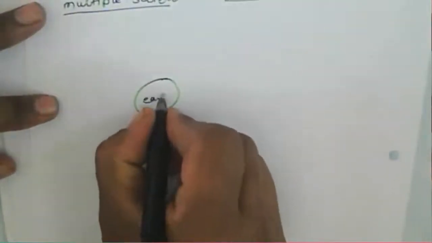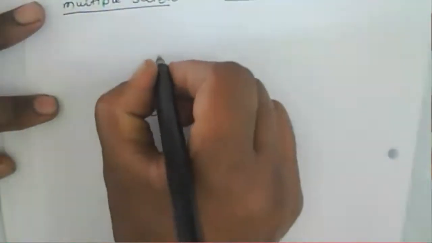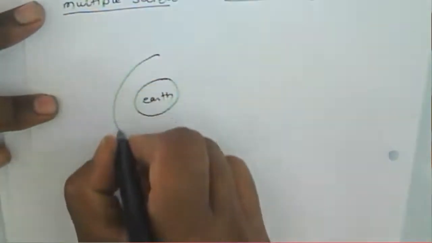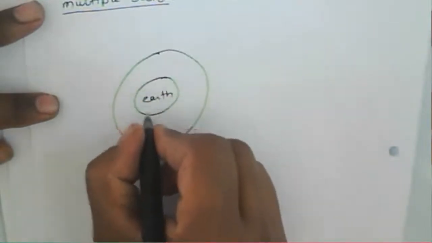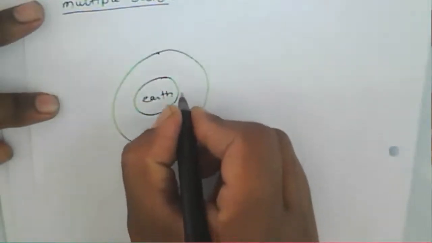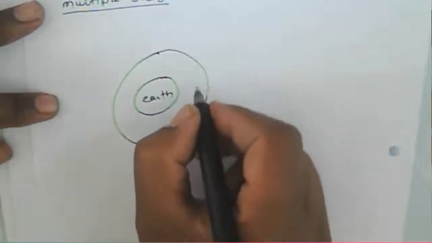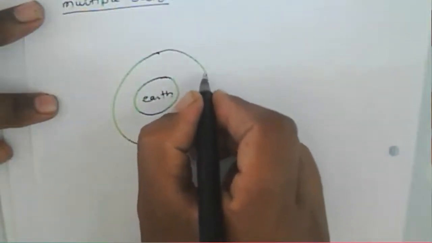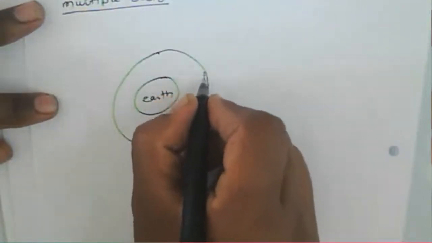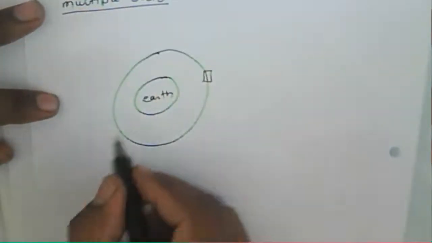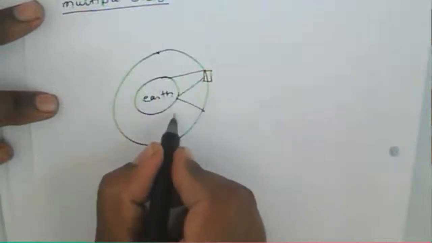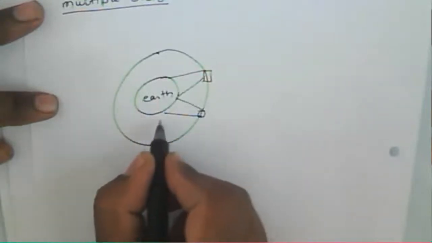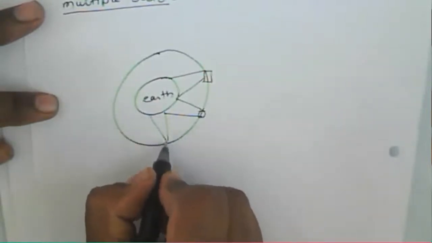Now what does constellation mean? Suppose this is the Earth, and this one is an orbit. If you need to cover the whole Earth, one satellite, for example, covers this much area.